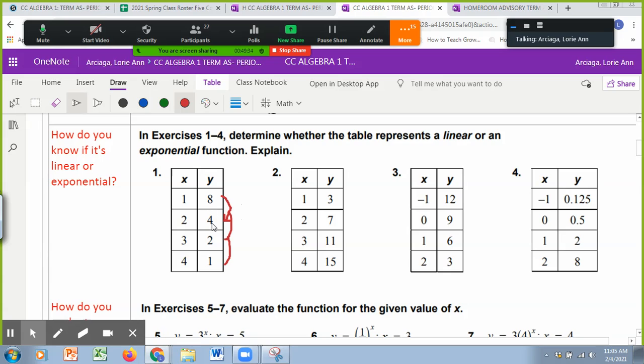How do I go from 8 to 4, from 4 to 2, from 2 to 1? Do I add, subtract, multiply, or divide? If I have 8, how do I get to 4?